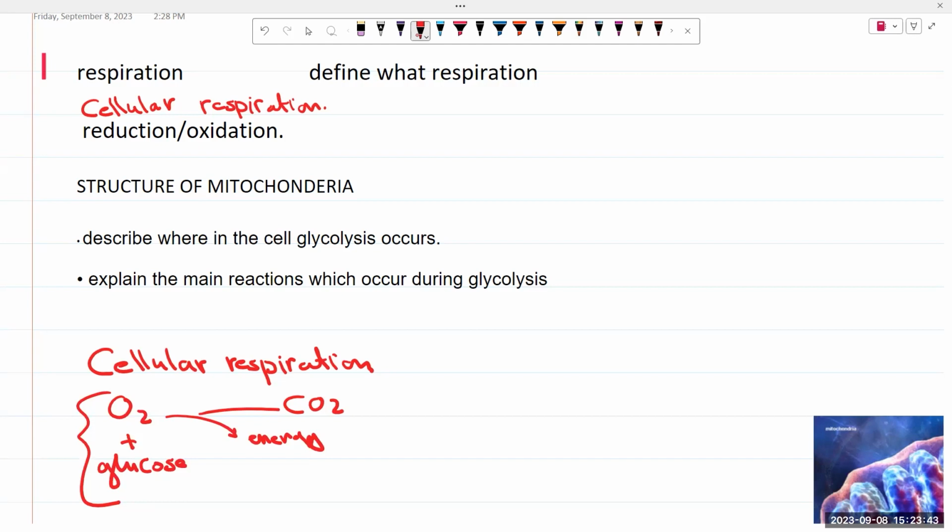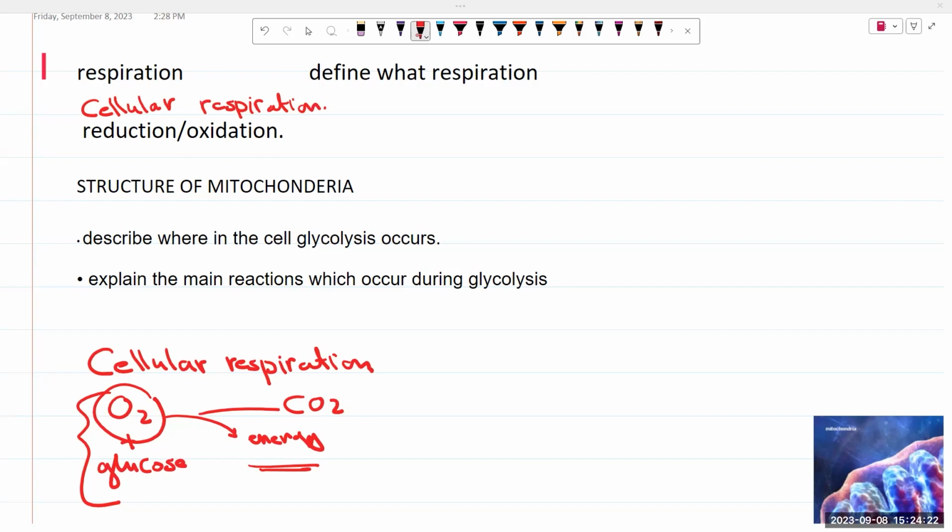One more question. I would like to confirm: is oxygen a must to release energy from glucose? Yes or no? Ryan, is oxygen a must to release energy from glucose? No. Yes, I agree with you. The others agree as well or not?